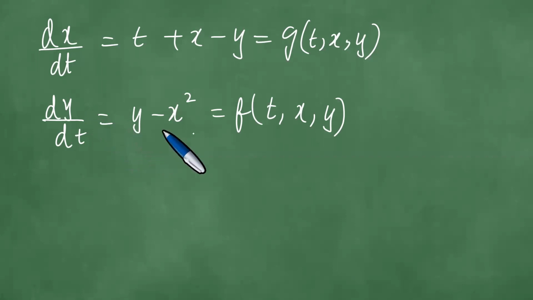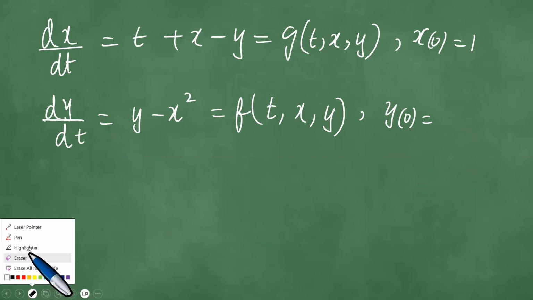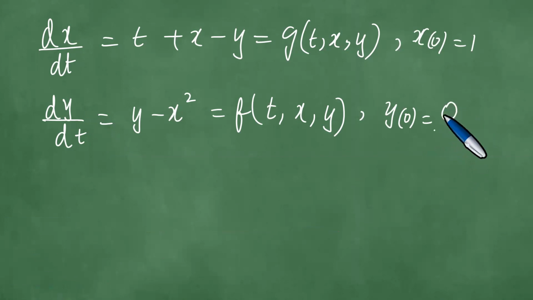Here you'd have the X and the Y, but with the T, so we just maintain the order. With that said, this one is X at 0, it's exactly 1. And then you have Y at 0, it's 0 in the question paper. So we have introduced the notations, and now we just need to get the actual answers.